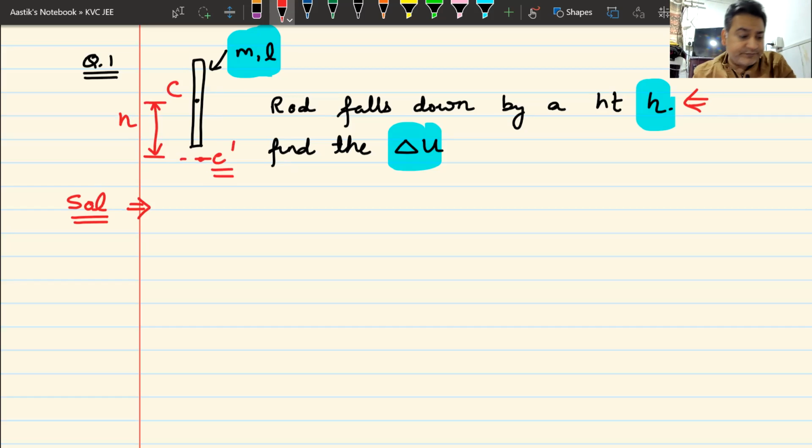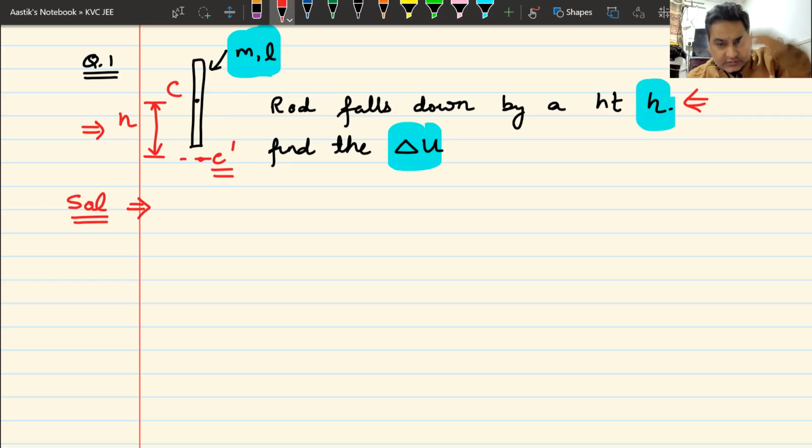It has fallen down. Original C was at a higher point. Now it has fallen down. Potential energy has decreased. What is the difference between C and C dash? To find out the difference between C and C dash, I have to just see the difference in height. The difference in height is h. C dash is lower, C is higher.